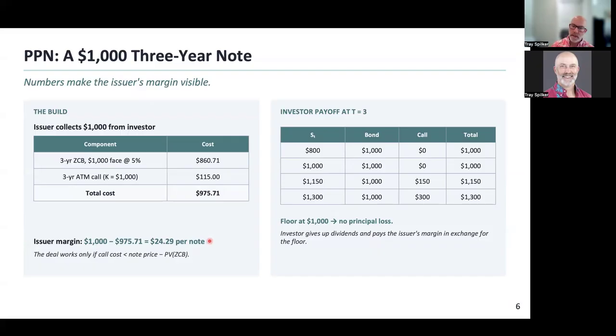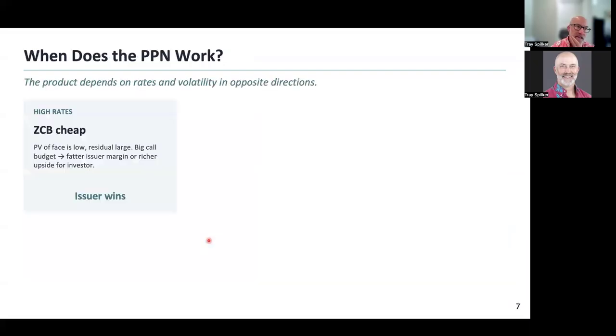Now, the great challenge to this particular setup is the following. So I start with this idea, when does the principal protected note work? Well, the product really depends on two things. Number one, interest rates and volatility.